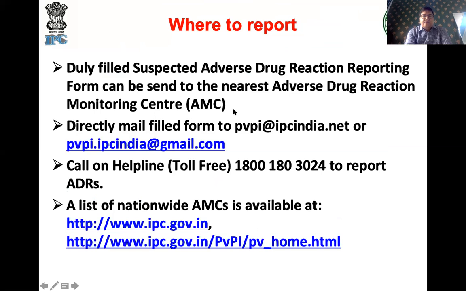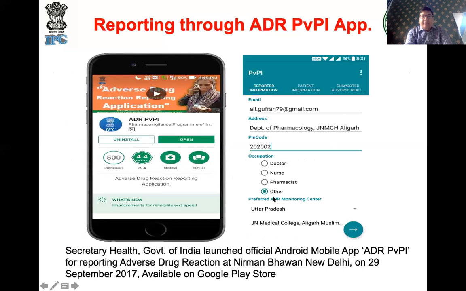And here at JNMC, we are one of the 8 ADR monitoring centers, and the center is situated in the Department of Pharmacology of Jain Medical College. The ADR can be sent directly to the PvPI through these emails, or there is a toll-free number to report the ADRs. These are the nationwide websites of ADR monitoring centers. There is an app also through which you can send the ADRs to the ADR monitoring center and PvPI.